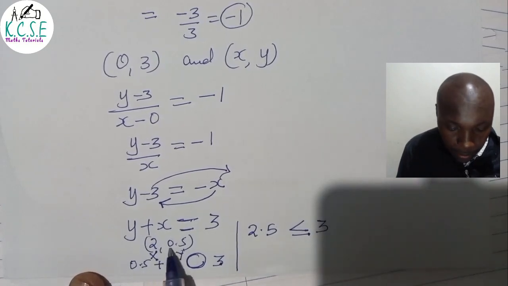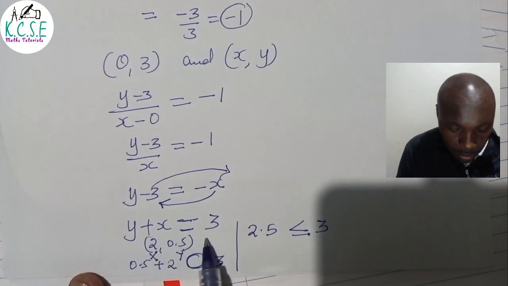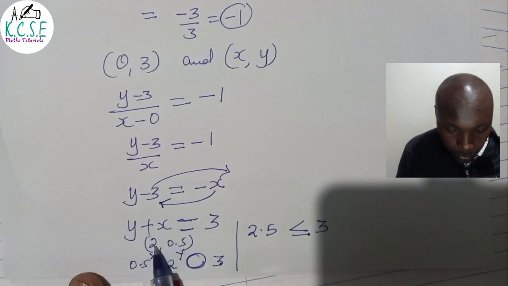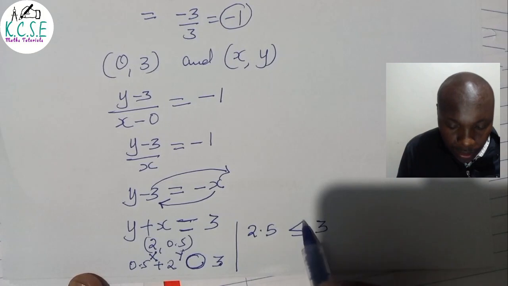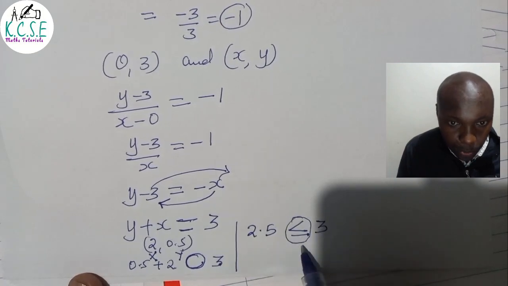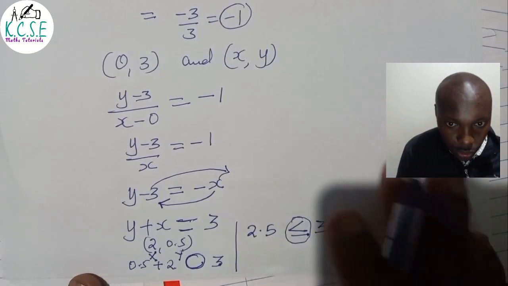After picking that point that lies on the required region, you substitute x is equal to 2 and y is equal to 0.5. So the inequality sign that you're supposed to put there is less than or equal to.